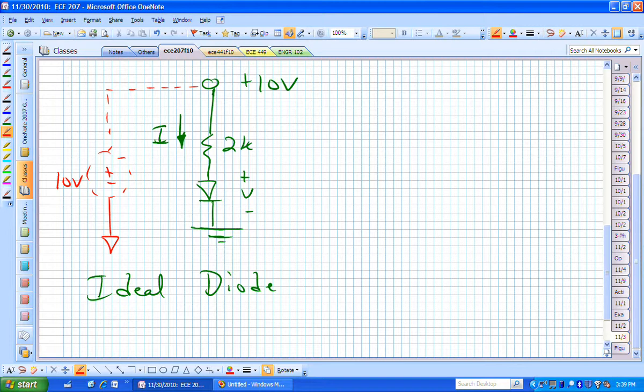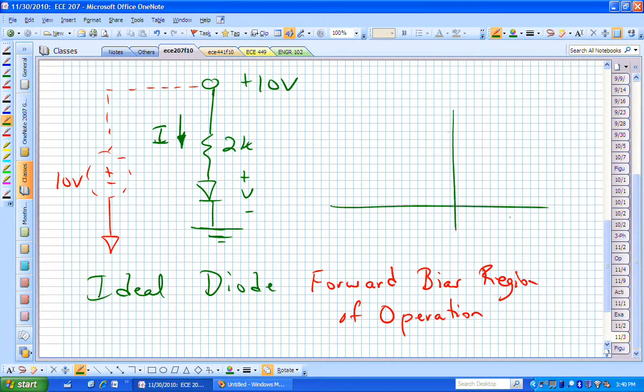If we had an ideal diode in the forward bias region of operation, and hopefully after this homework assignment you know what I mean when I say an ideal diode. It's not going to conduct if the voltage applied across that diode is negative.